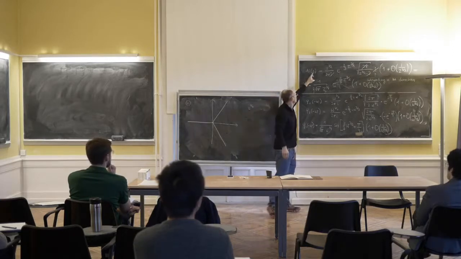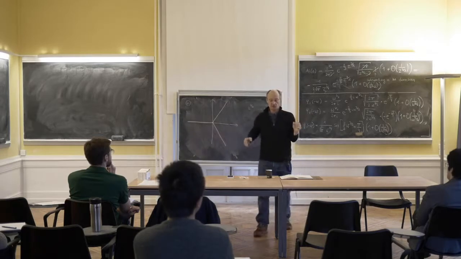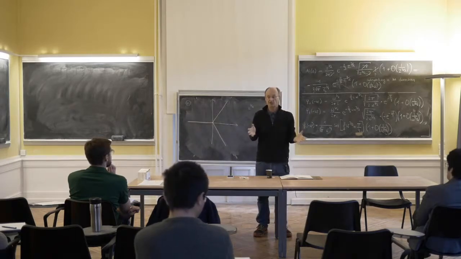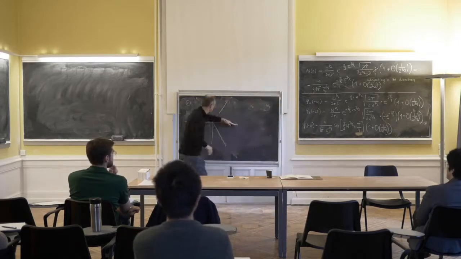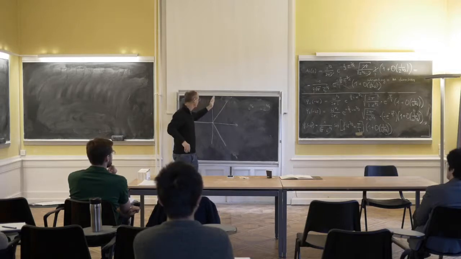Because, you know, Ai of z was defined by a globally defined integral, which is holomorphic for any value of z, positive, negative, anything. Now, okay, so we go around, and okay, we don't know what happens here.